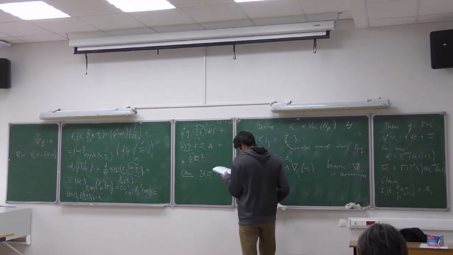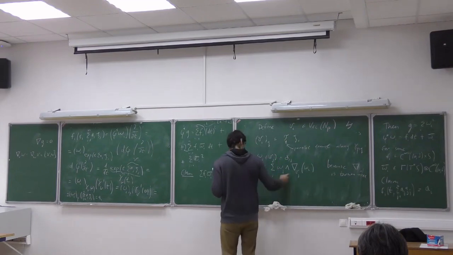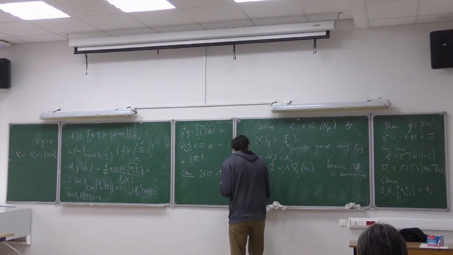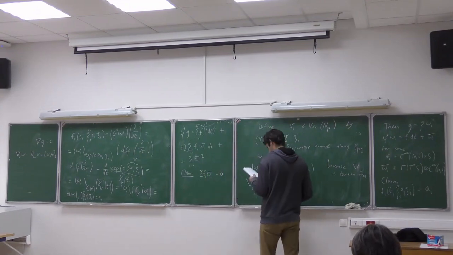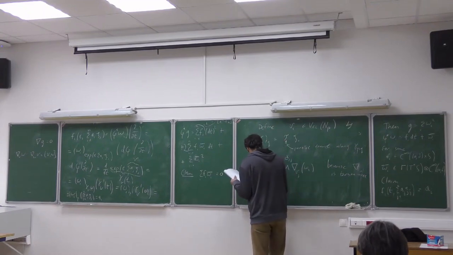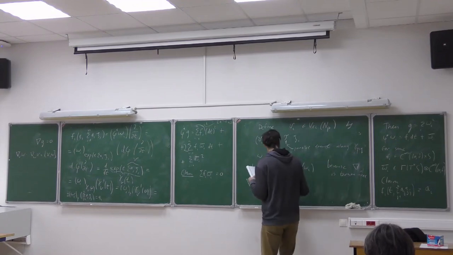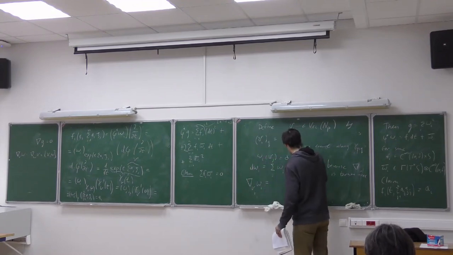On the other hand, we can compute what this guy, nabla_{V_j} of omega_i, is. Well, this nabla should be like nabla star, right?